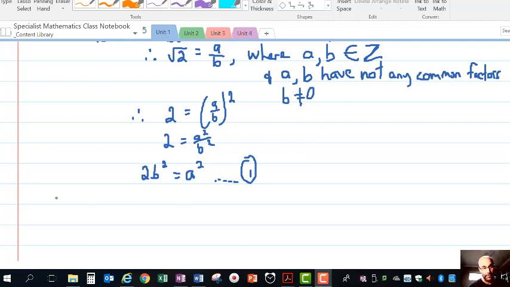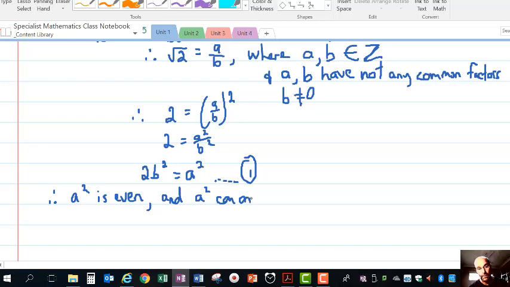This means that a squared is even. And a squared can only be even if a is even.